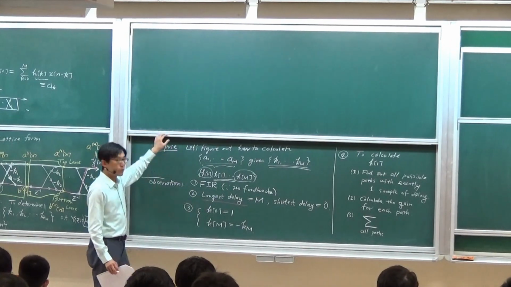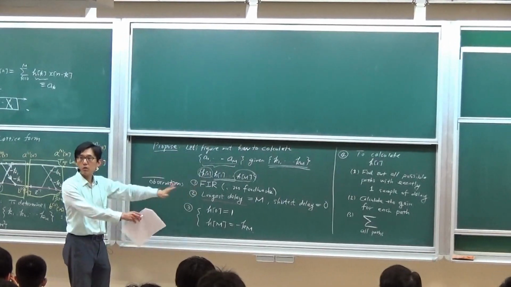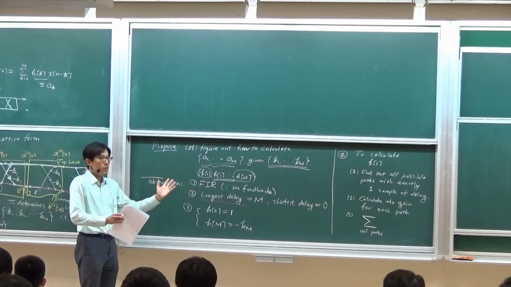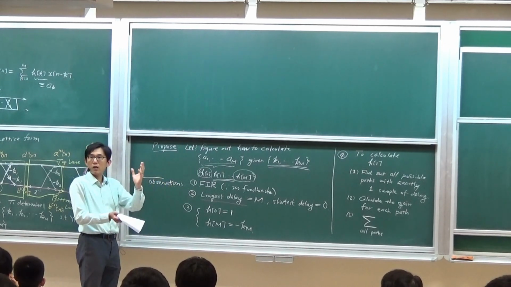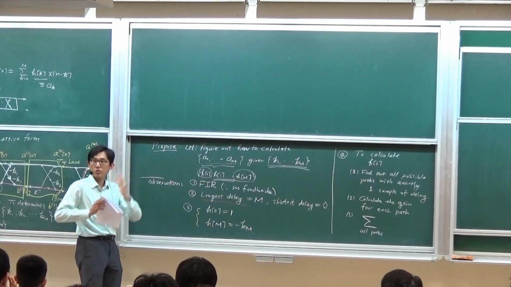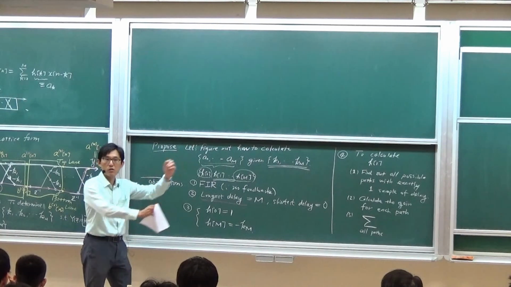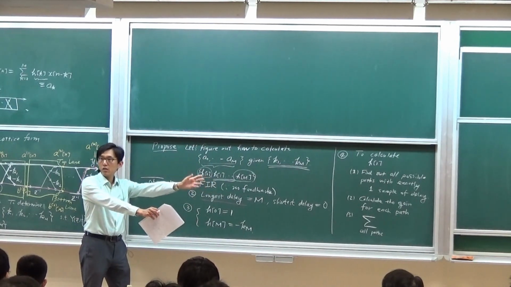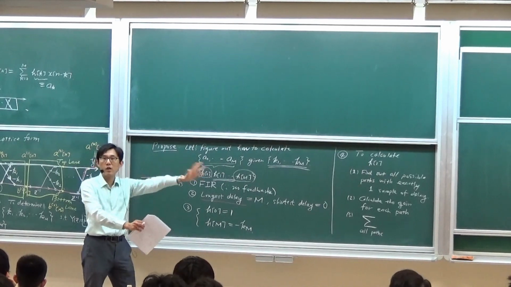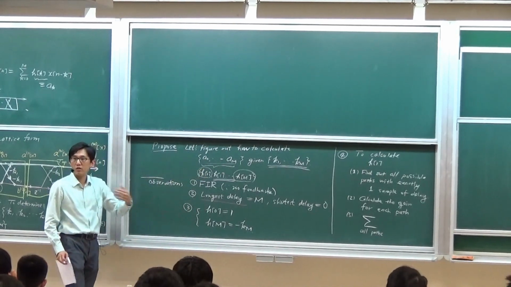Okay, so next I'm going to suggest we just forget about the general expression, and instead find a systematic approach to propagate from one unit to the next unit, and from the next unit to the second next unit. So you can figure out a systematic way to propagate the coefficients from left to right, and we solve the problem. All we need is an algorithm.